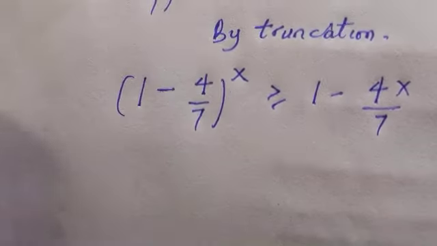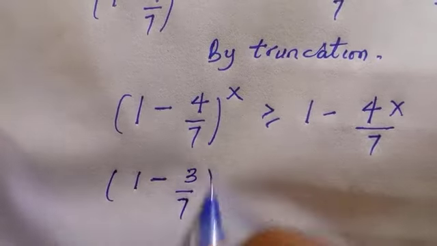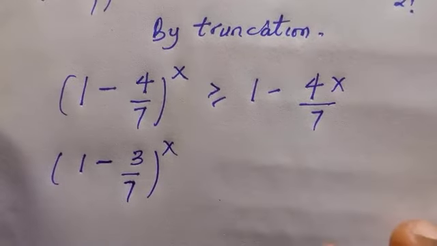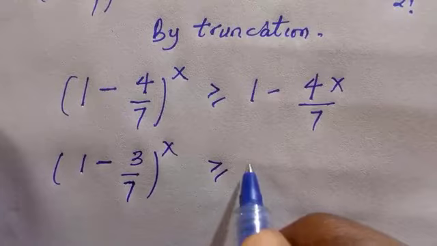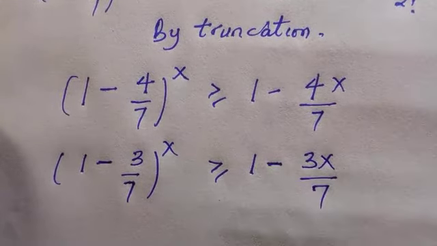Applying the same process to the second one, we get (1 minus 3 divided by 7) raised to the power x, which is also greater than or equal to 1 minus 3x divided by 7.